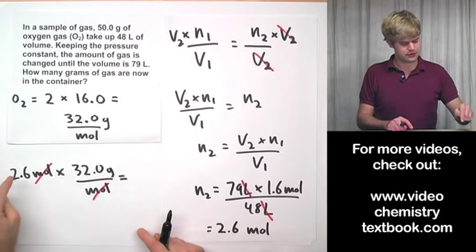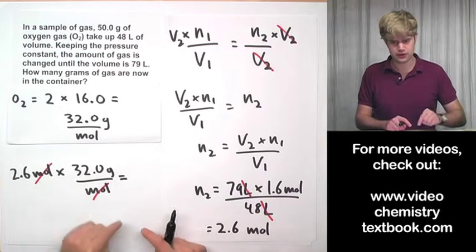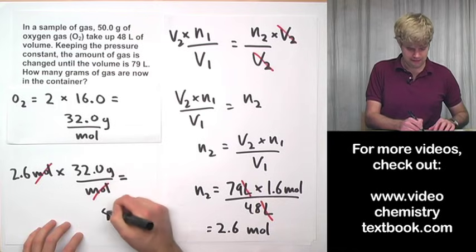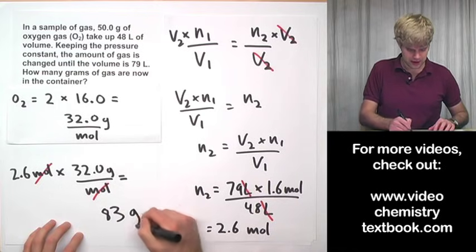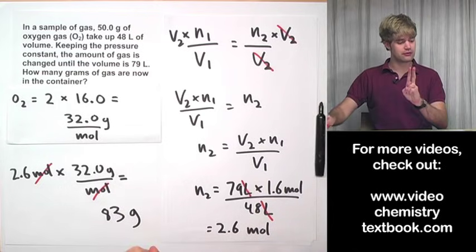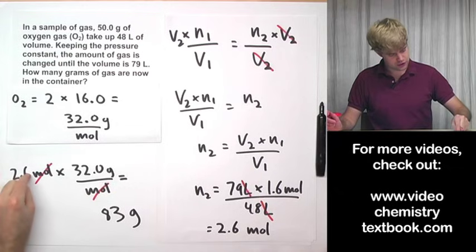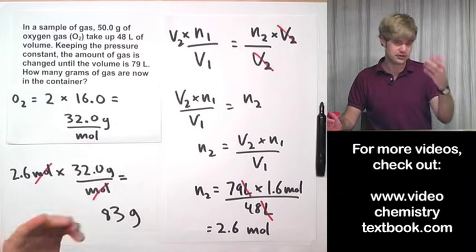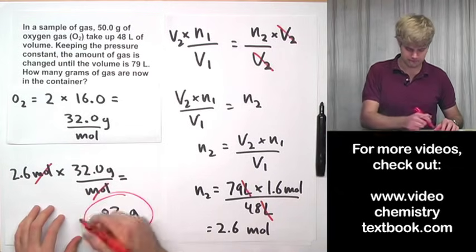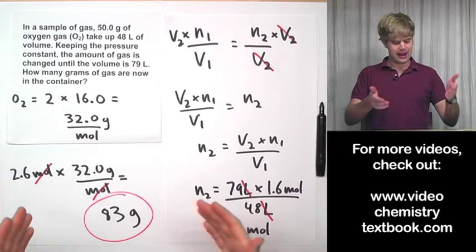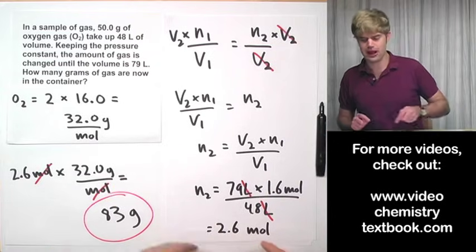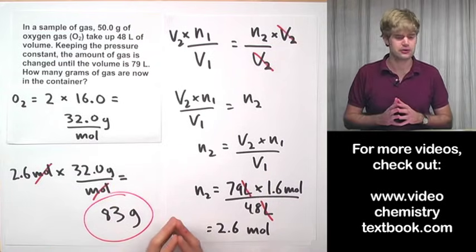And when I do the math, 2.6 times 32, I'm going to get 83 grams, which I'm going to round to 2 significant figures because I have 2 sig figs here and 3 sig figs here. I always go with the smaller number. So I am going to get 83 grams as my final answer.